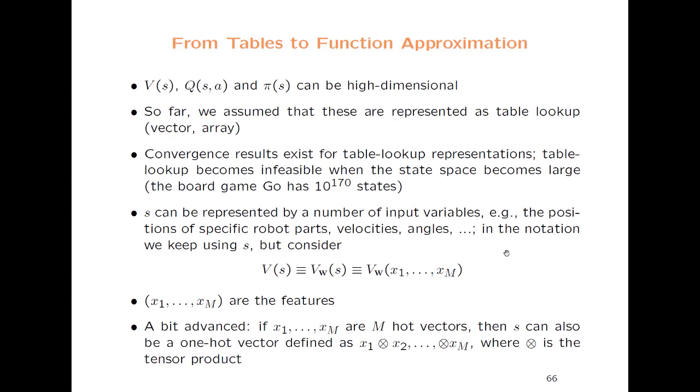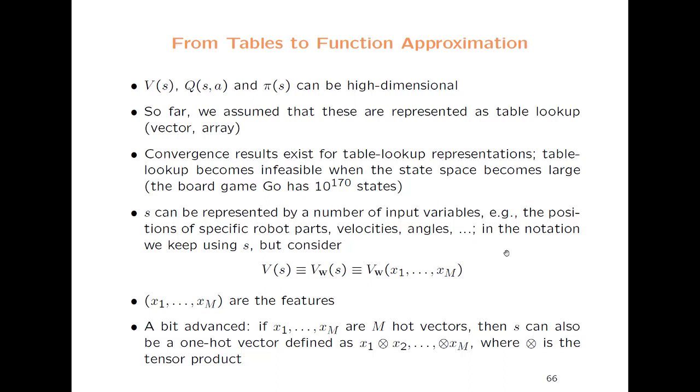So, as discussed, the value function, the Q function, or the policy can all be high dimensional. So far, we assumed that these three can be represented as table lookups.